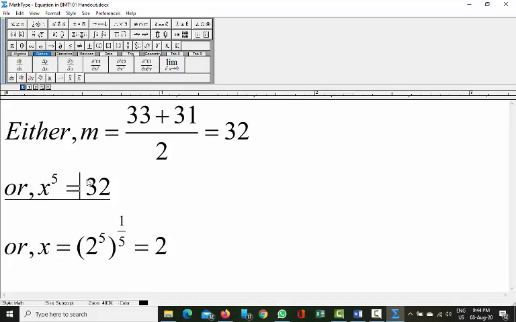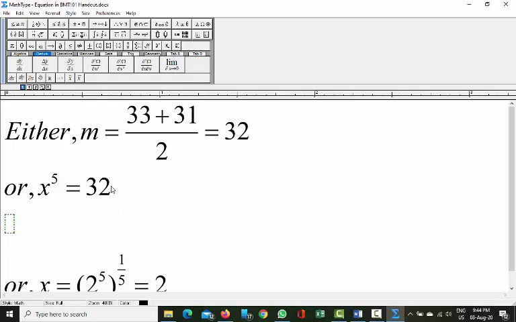So inside the bracket we have power 5, outside the bracket we have power 1 by 5. So this 5 will get multiplied by 1 by 5, that means this 5 will cancel out this 5. So we will have only 2 to the power 1, that means only 2.